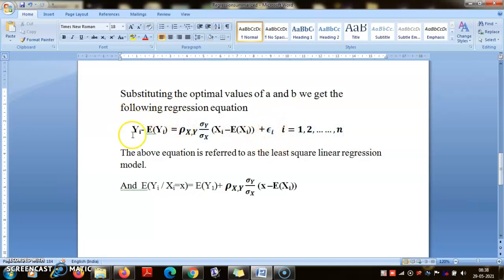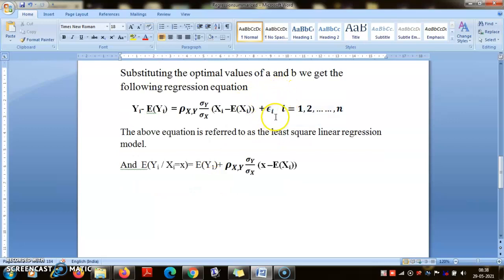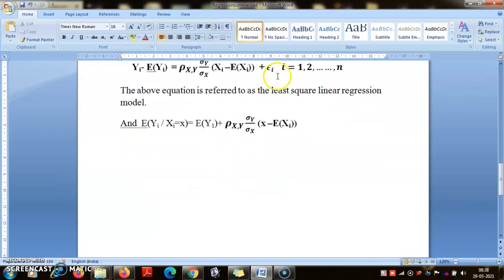So you are modeling the deviation from the mean of the dependent random variable as a multiple of the deviation from the mean of the independent random variable plus a random error component, which is assumed to have mean 0 and finite, common variance.